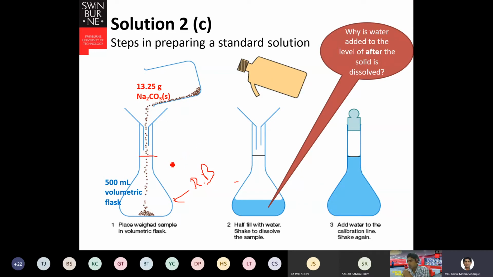Then fill up the water to around this level, and again give a good swirl, and then slowly go up exactly to this mark, so that it will be 500 milliliter.